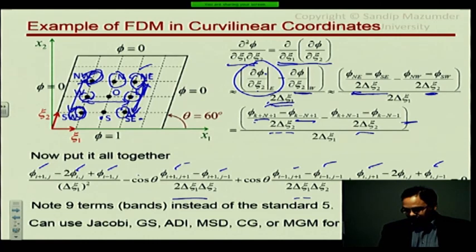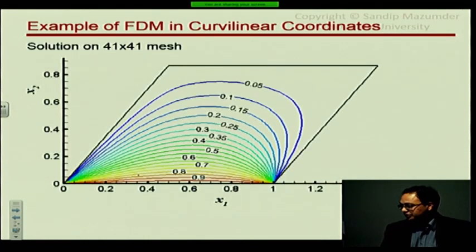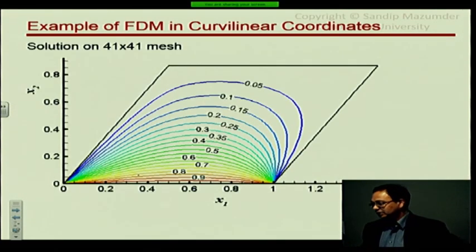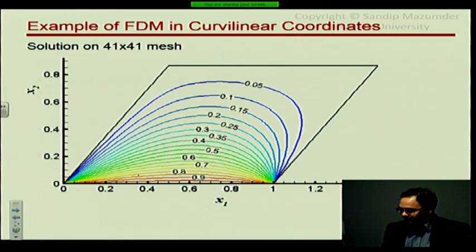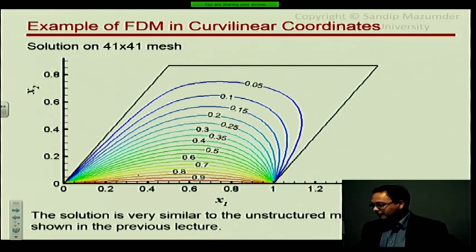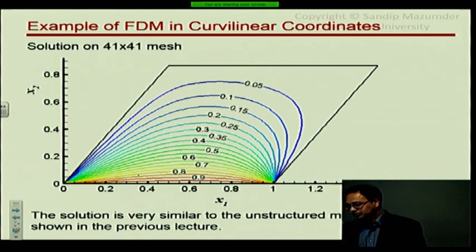All right. So here's what the solution looks like. We are familiar with this already, on a 41 by 41 mesh. I think I used the ADI method in this case, but I don't have the convergence curve here. It is very similar to the unstructured mesh solution in the previous lecture.